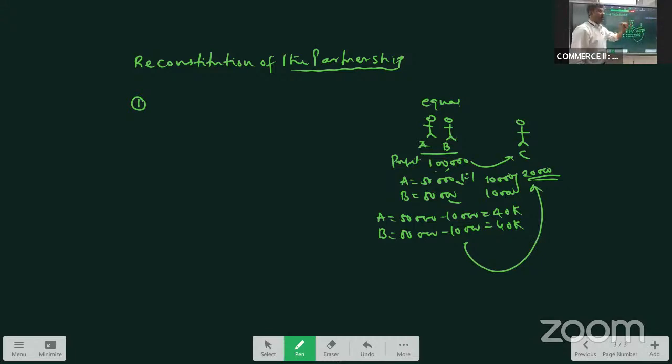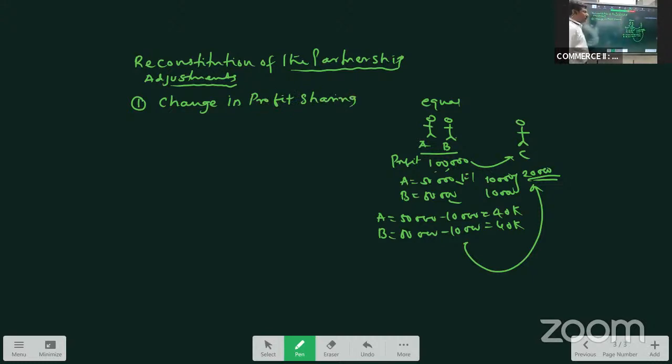So when C is admitted, what we are learning is what are the changes, what are the adjustments to be done in case of admission of a partner. That is what we are learning. So the very first thing we have to do is change the profit sharing ratio. There will be a change in the profit sharing ratio.